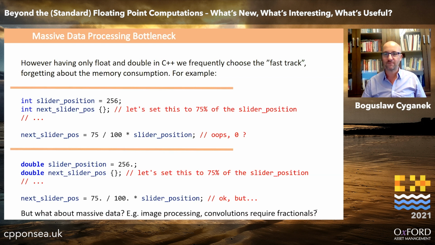But what about massive data? What about if we compute, for example, some filtering, and filtering is done by convolutions, and convolutions require some fractionals. So if we just change pixel values to double, from byte to 8 bytes, for example, what we do with our data stream, we are multiplying it.